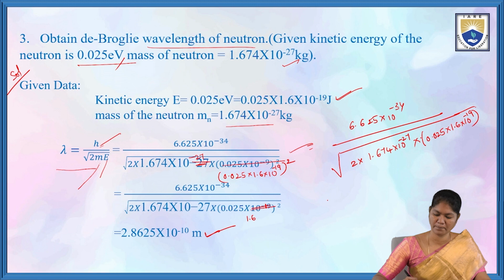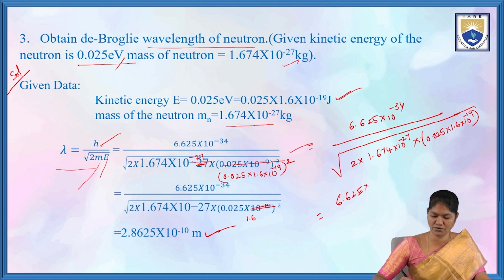As I've taken h in joule, that's why I'm taking this energy also in joules. That is the reason why I have to multiply with 1.6 into 10 power minus 19.